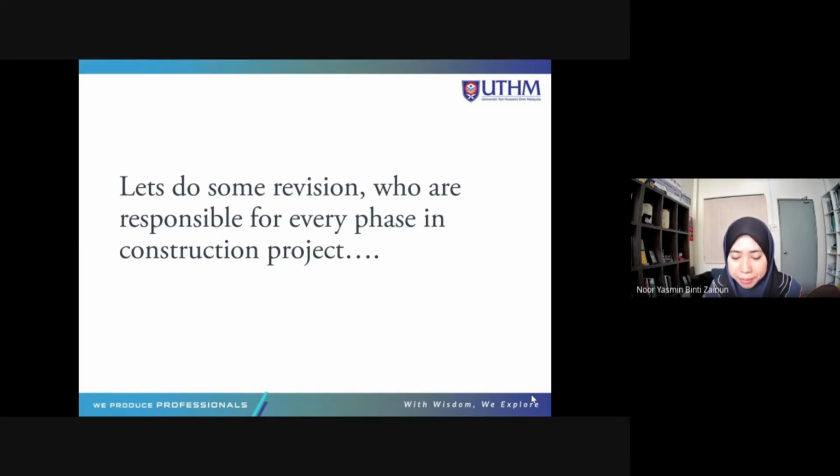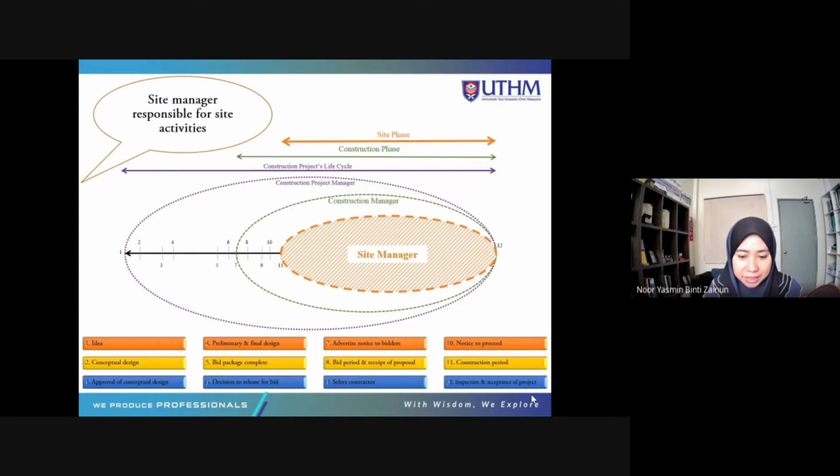You still remember? Okay, in site phase. Can you see my cursor? Site phase. So who is actually involved, responsible for the site phase? So site manager is responsible for site activities. So what are the activities under this orange circle on site?